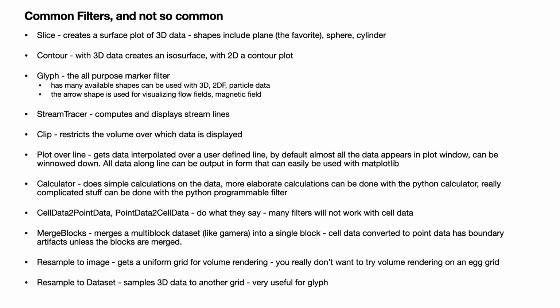It's just that if you tried it on an unstructured grid, it will take you longer than you have to get out a useful volume render. Once you put it onto a uniform grid, it actually goes fairly fast. A similar thing is resample to dataset, which samples the 3D data to another grid. And you'll see this when we're talking about glyph.